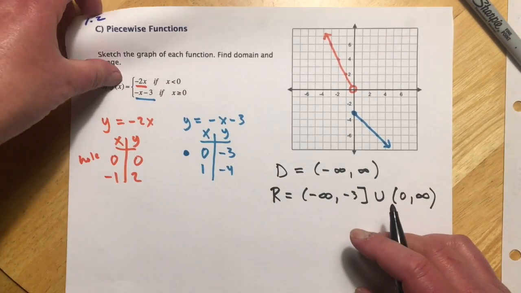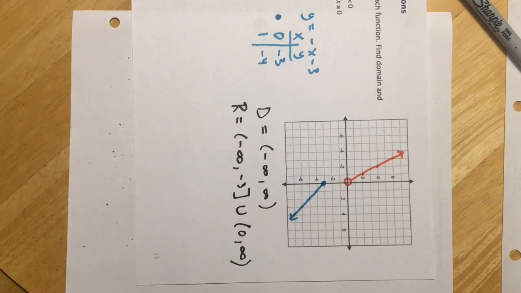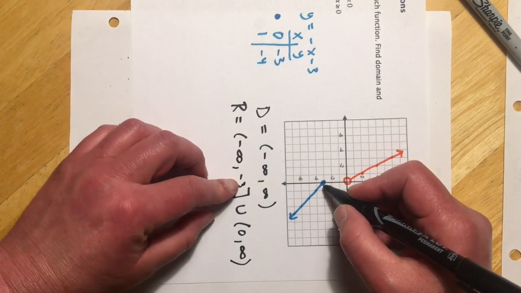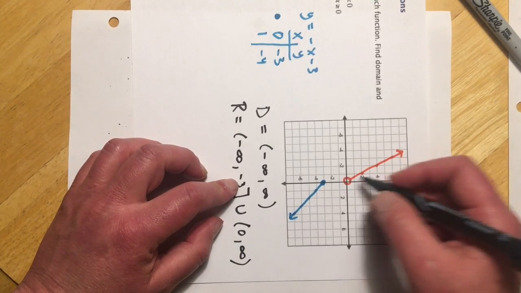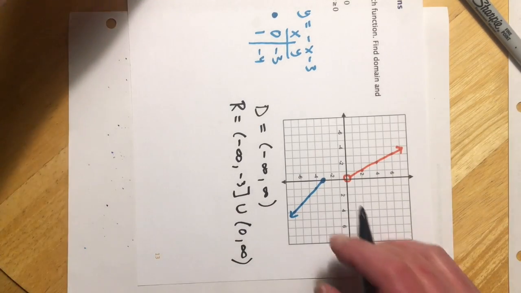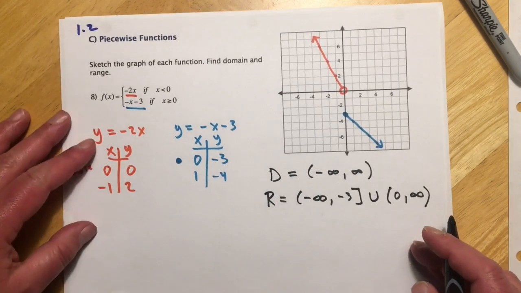A couple of things you can do that sometimes help, and it just sort of depends on the person, how your brain works. For some people, if they turn the graph 90 degrees, they can go from negative infinity to negative 3 very comfortably then, and from 0 to infinity. If you just kind of treat it like domain turned sideways, for a lot of people that really helps. That's probably the best one.